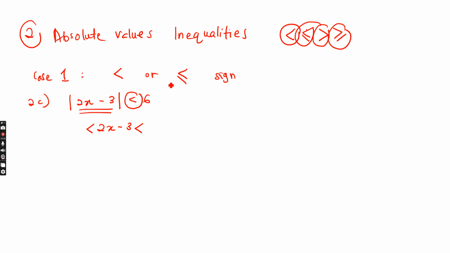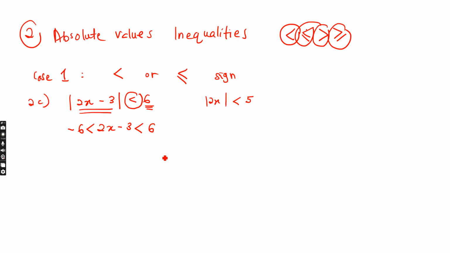After that, the value that we have at the right side is 6, right? So what you need to do is put 6 here and then negative 6 here, like that. So let's say if you have modulus 2x, and then here you have maybe 5.